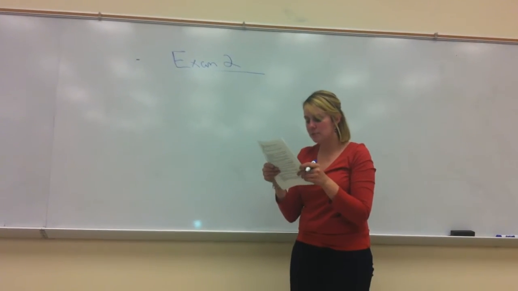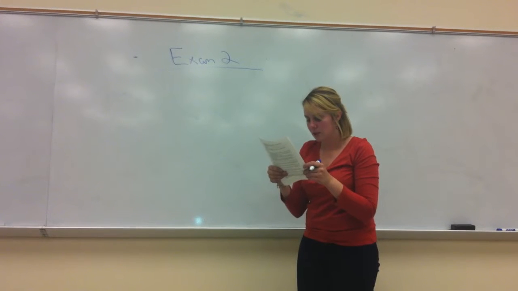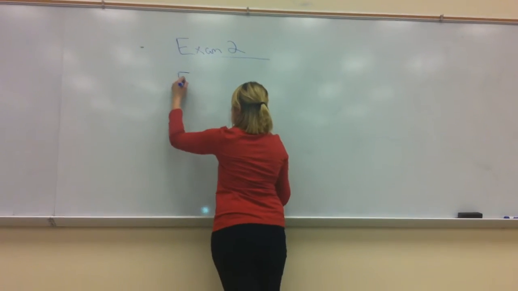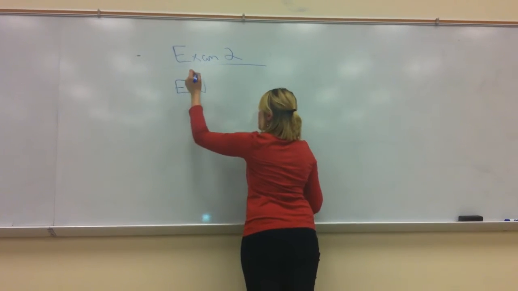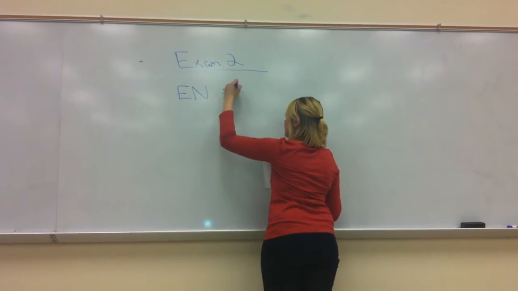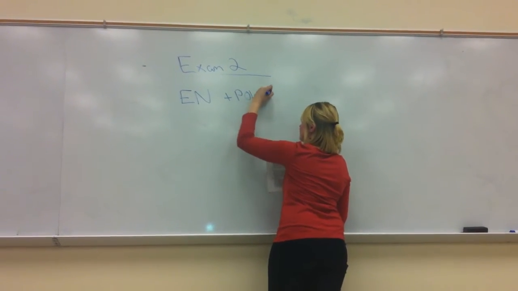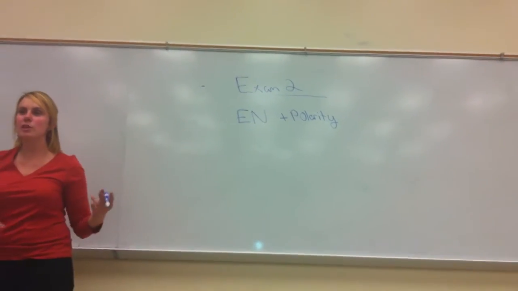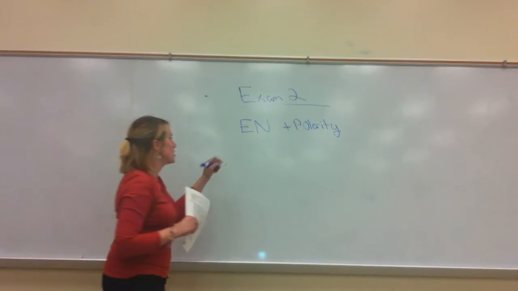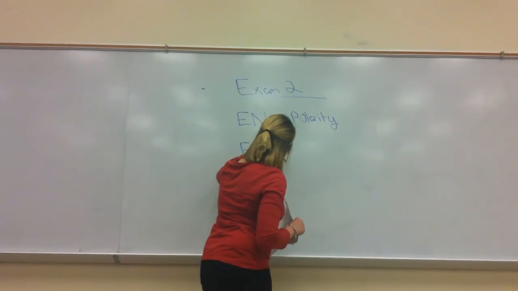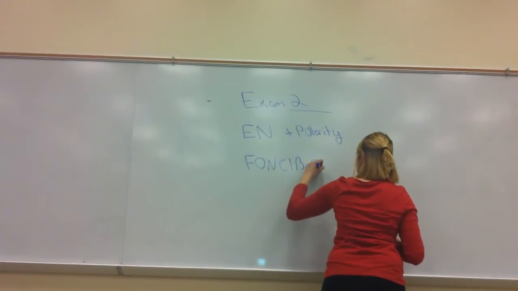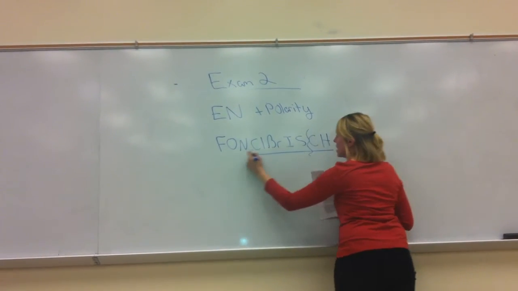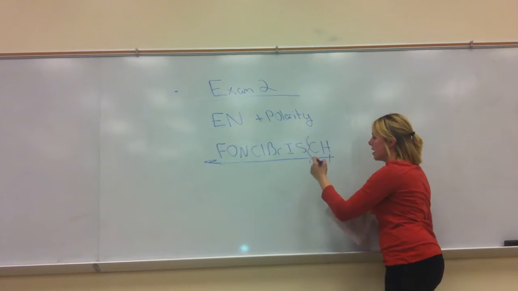All right. Exam 2. What do I want to talk about? I guess first thing I'm going to talk about is electronegativity and polarity. So electronegativity, EN, and polarity. For electronegativity, what's that weird word that I told you guys over and over again? Bunko brush. Good. Remembering that between carbon and hydrogen, these guys are considered to have similar polarity.